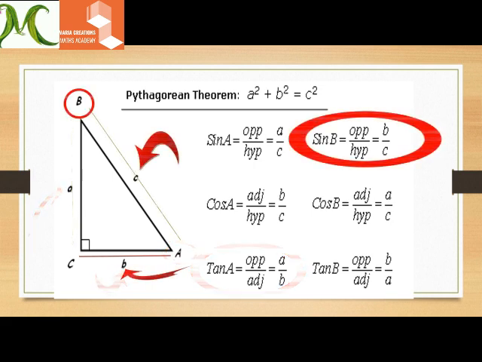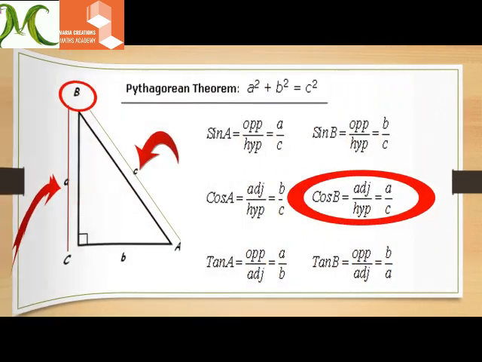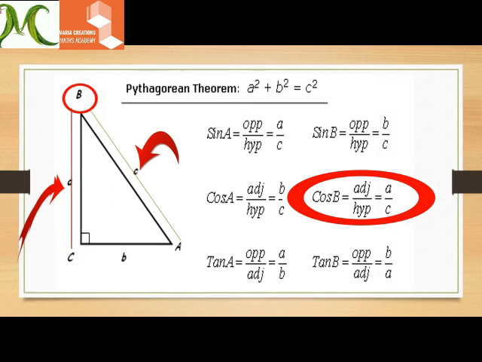Now we shall find the trigonometric ratios of the other acute angle B. Sin B is equal to opposite side by hypotenuse, that is equal to capital letter AC by capital letter AB, that is equal to small letter b by small letter c.